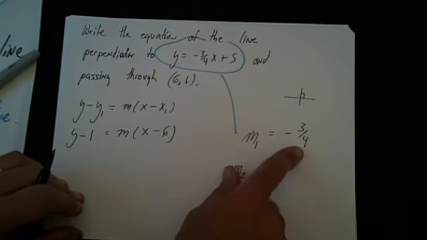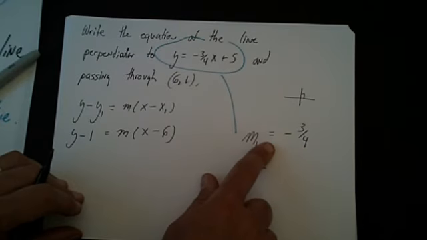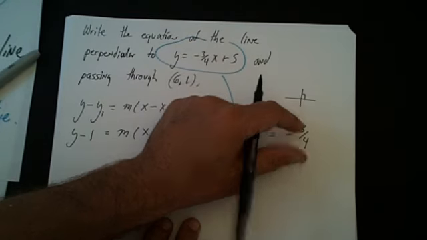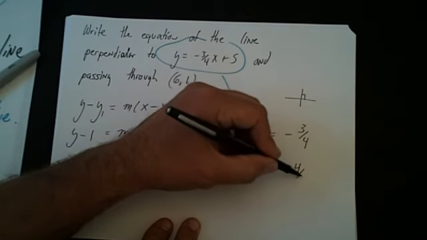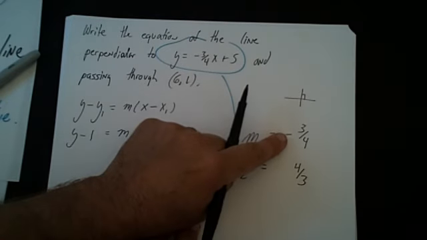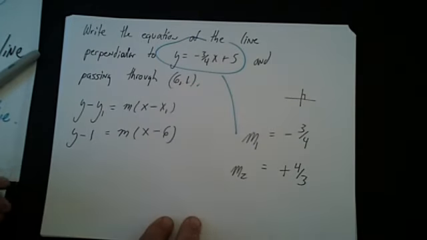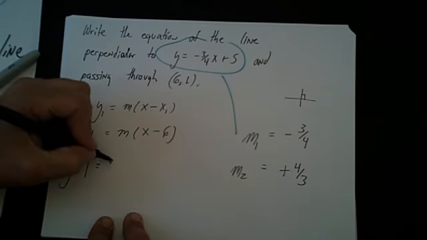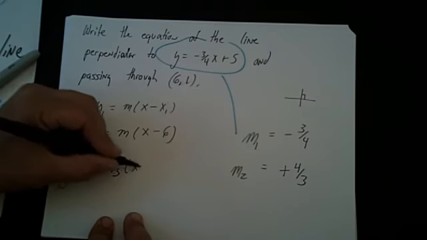If the slope of the first line is minus 3/4 and the two lines are perpendicular, the second slope will be the reciprocal of this, 4/3, but it'll be the negative reciprocal. Since this is a negative, and negative times negative is positive, the slope will be positive 4/3. So it'll be y minus 1 is equal to 4/3 times x minus 6.